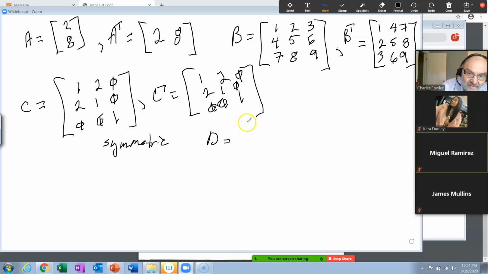D is 0, 1, 2, 4, 1, negative 1. What is D transpose?